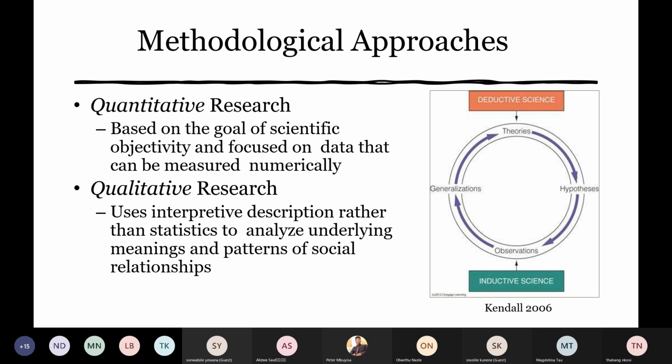Can I try to answer that? Yes, please. In sociology, quantitative research is the use of statistics, and qualitative research seeks to understand human behavior.